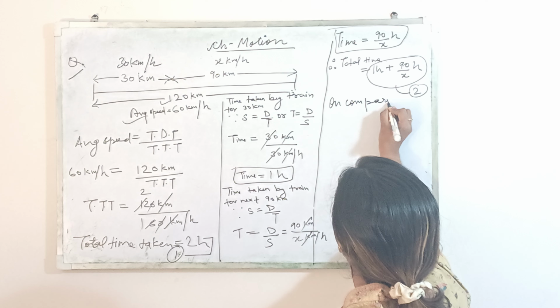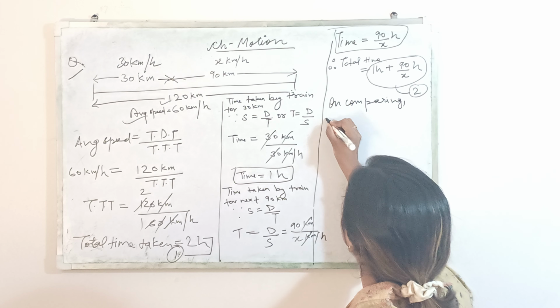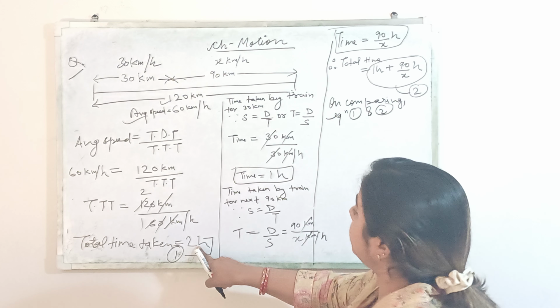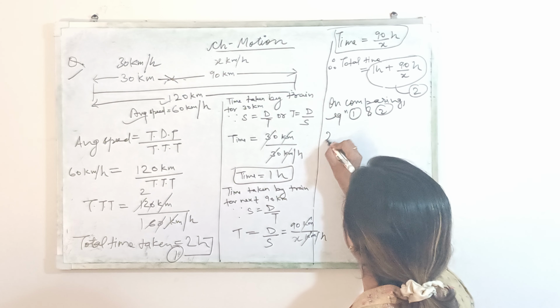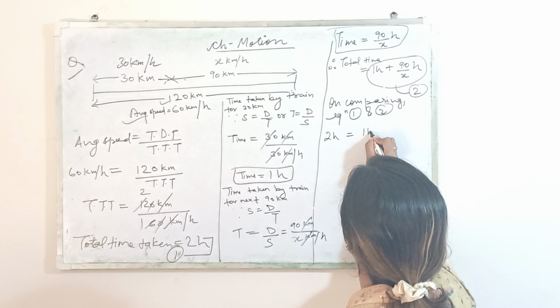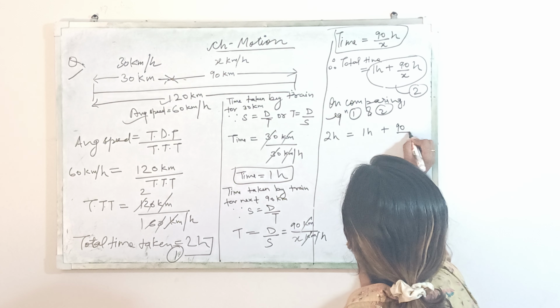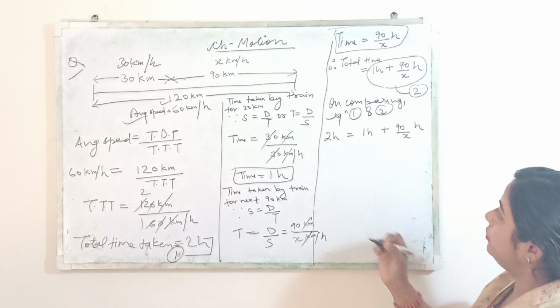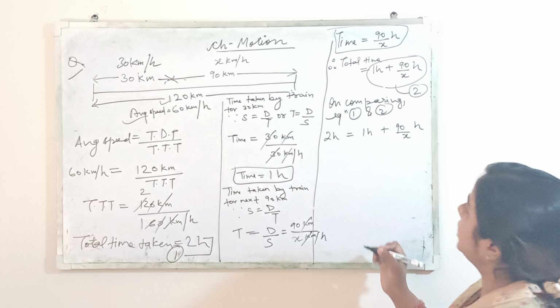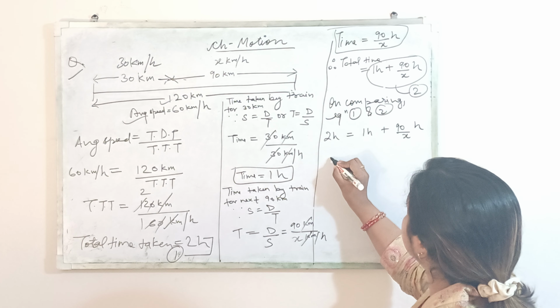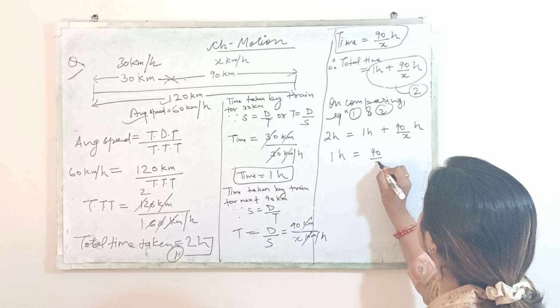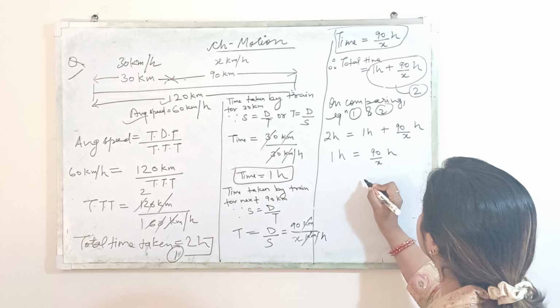So on comparing equation 1 and 2, both are total time. So can I make them equal? 2 hour is equal to 1 hour plus 90 upon x hour. Okay, children, so it will become 1 hour is equal to 90 upon x hour.